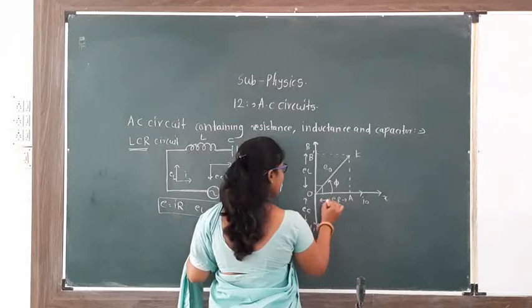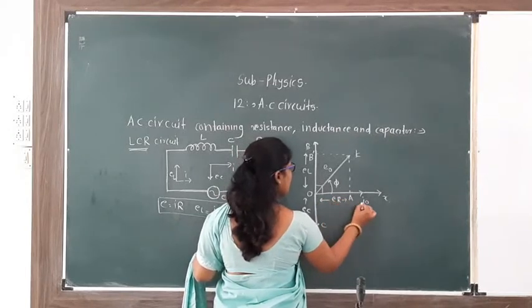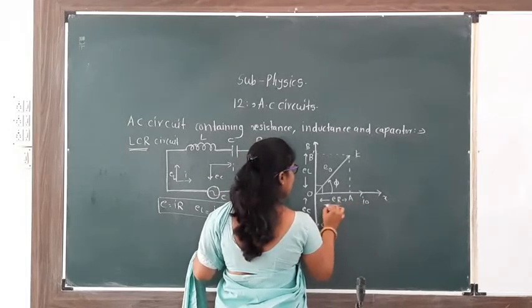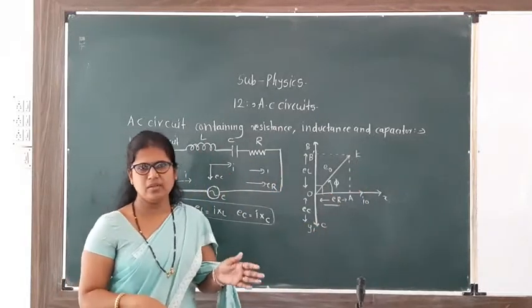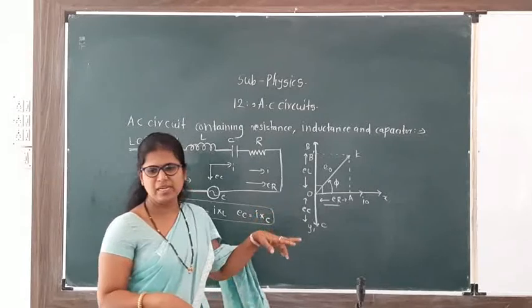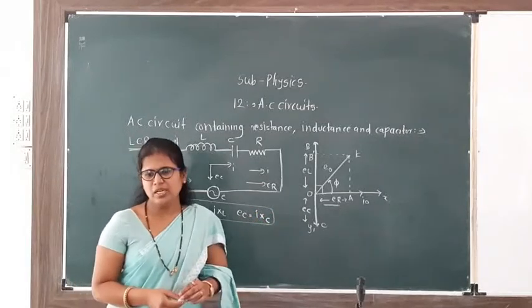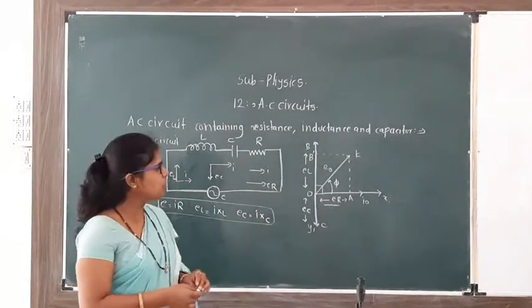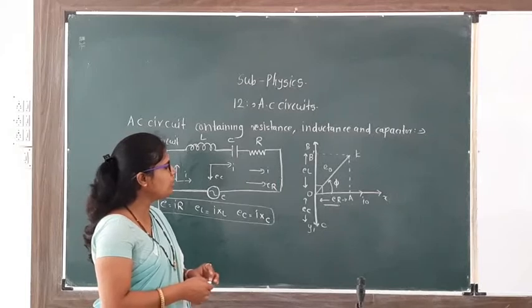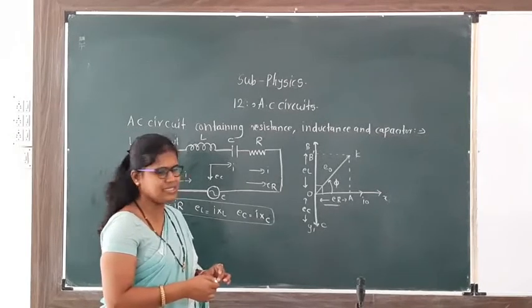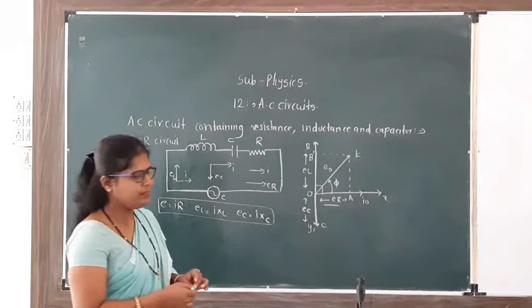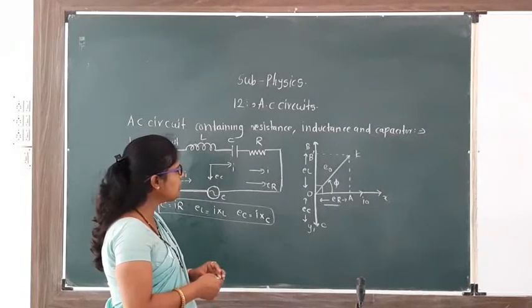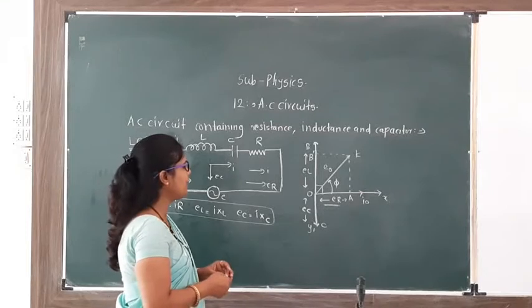We have seen in the last lecture what in phase and out of phase mean, according to the sine and cosine curves. Therefore the positive direction of ER is in phase along the positive direction of the x axis. The voltage across L and the voltage across C have a phase difference of 180 degrees.